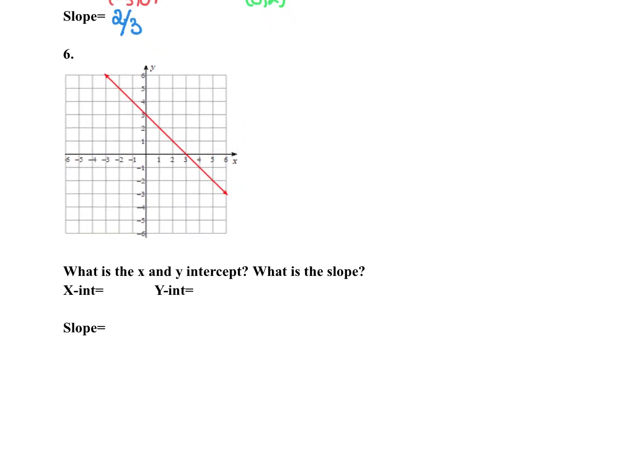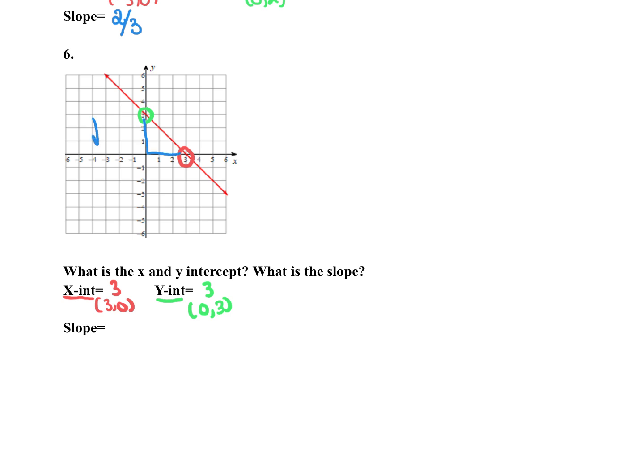For number 6, my x-intercept is 3, or 3 comma 0. My y-intercept, also 3. This one's, however, 0 comma 3. So I'm going to draw my triangle.